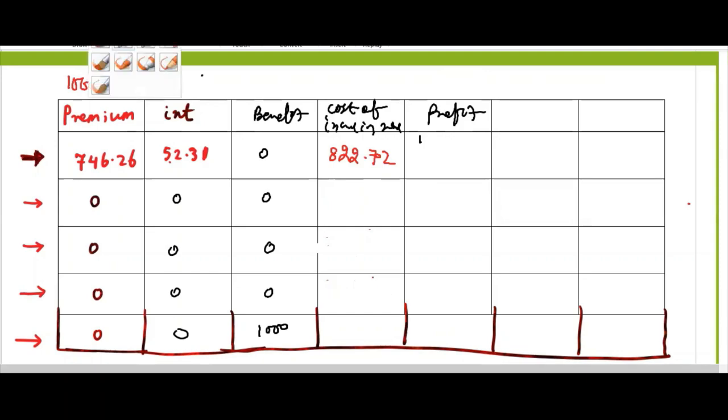Loudly you speak. 863.837. Then 907.029. Then 952.380.